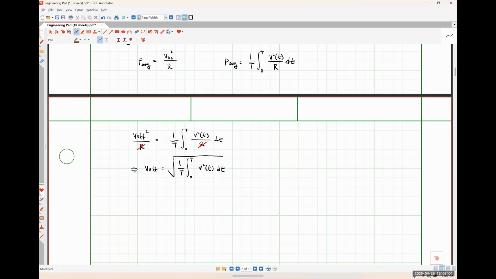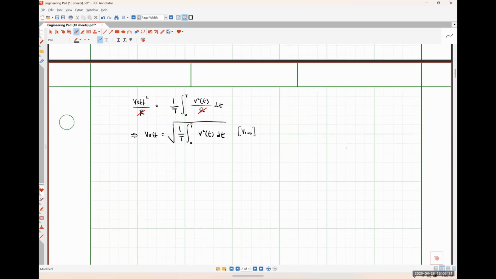And we typically give this effective value for a voltage the units volts RMS, where RMS stands for root mean squared, and we call it root mean squared voltage because we literally took the square root of the arithmetic mean or the average of the square of the signal that we were interested in.